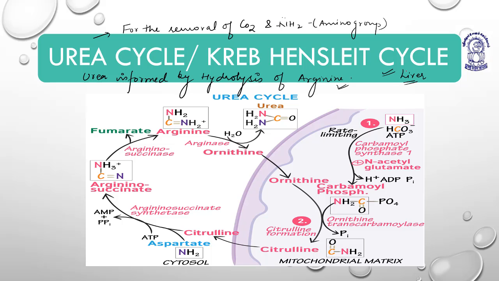How? In the liver, the chemical formula of urea is NH2CONH2.